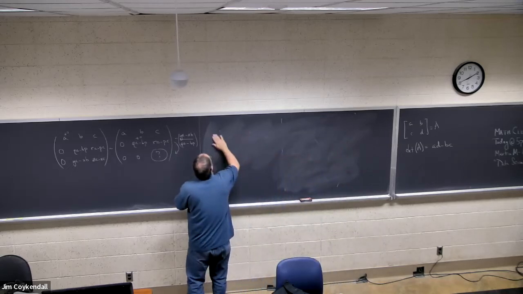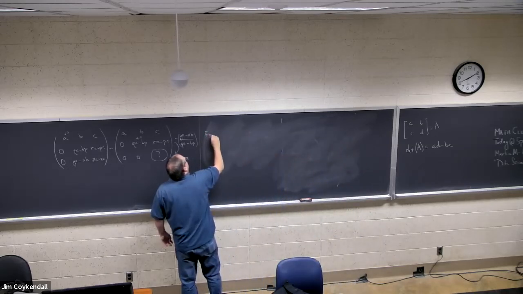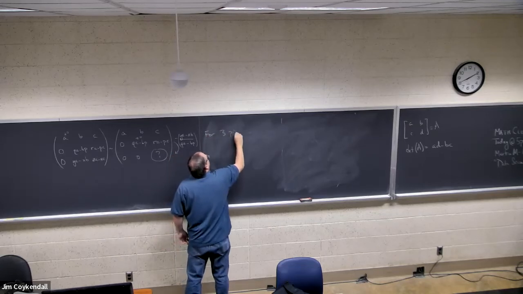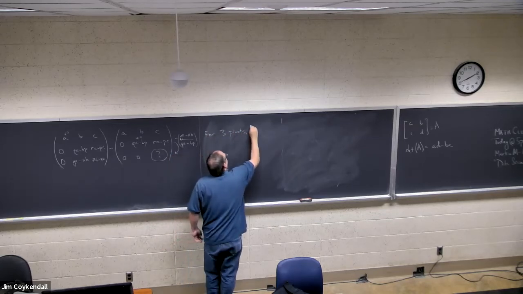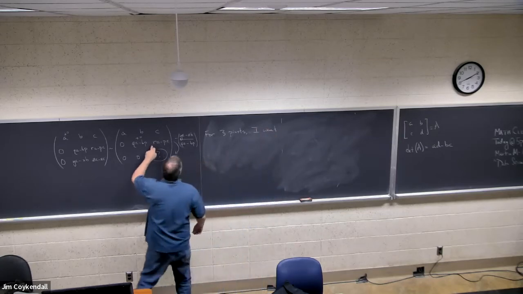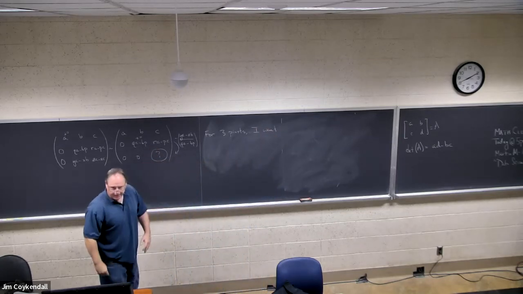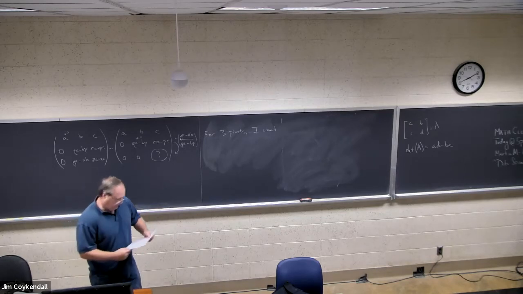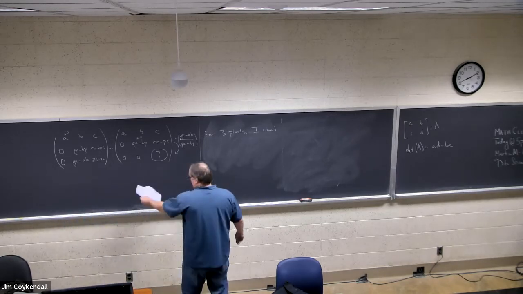So for 3 pivots, I want whatever goes down here to be not 0. So what goes down here?